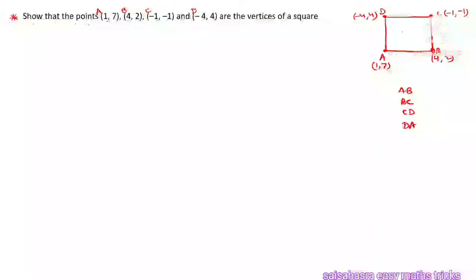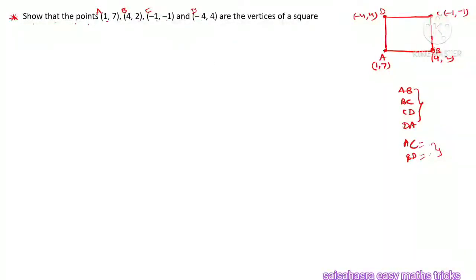If all the four sides are of equal length, after that we need to find the diagonal lengths also. One diagonal is AC and the other diagonal is BD. These two diagonal lengths also should be equal. If the 4 side lengths are equal and the two diagonal lengths are equal, then automatically we can say that these 4 points are the vertices of a square.